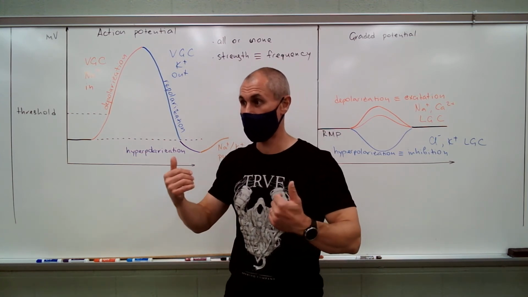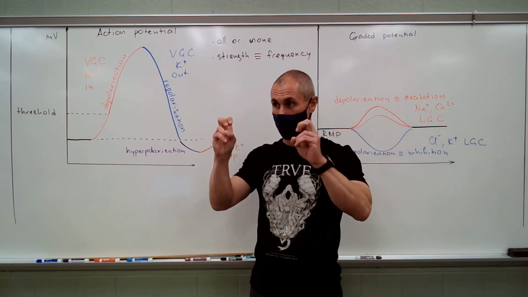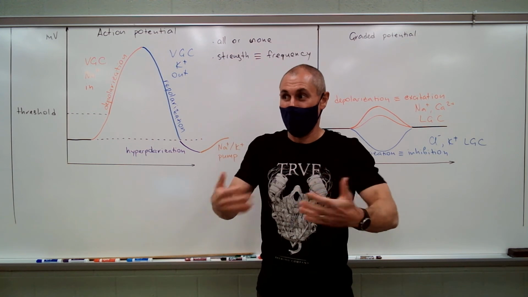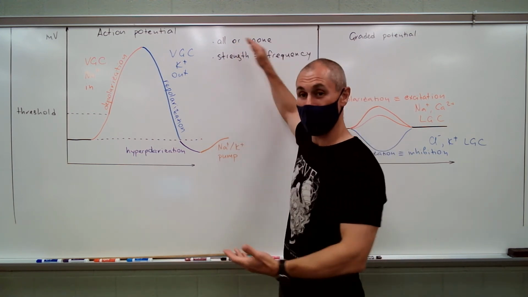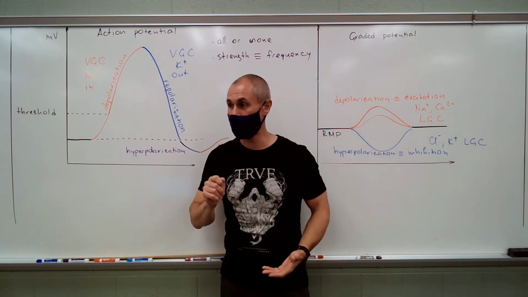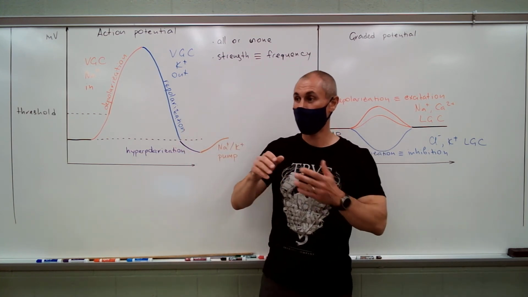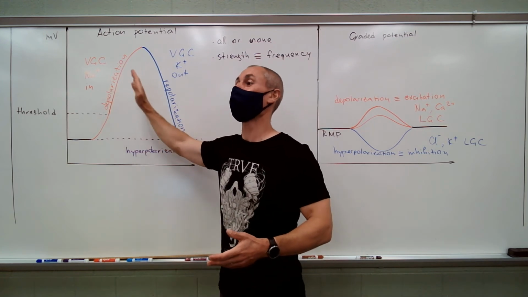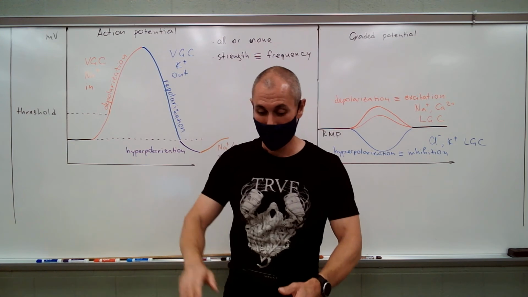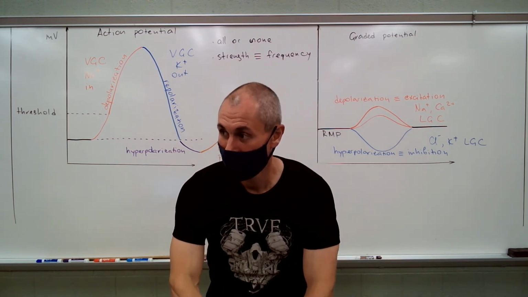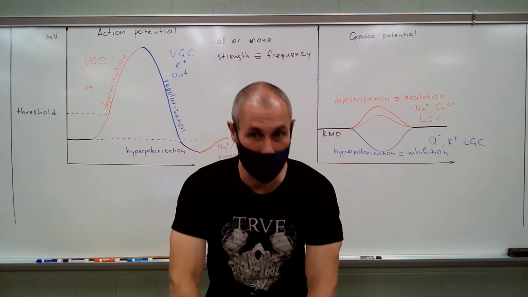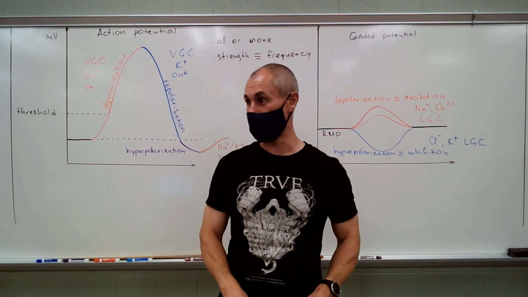But it doesn't mean that these dominoes will fall more. You can't fall more. You either fall or not. All or none. You either have the action potential, but more neurotransmitter will produce more frequent action potentials. Does that make sense? So, if this is a medium signal, then this is a strong signal.